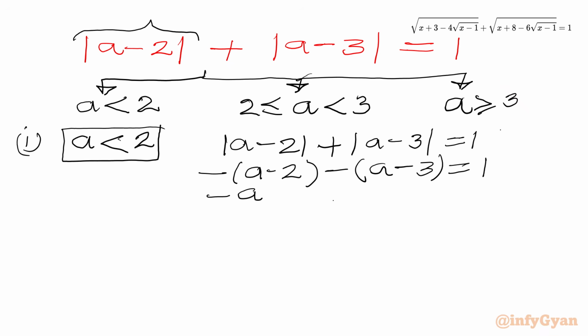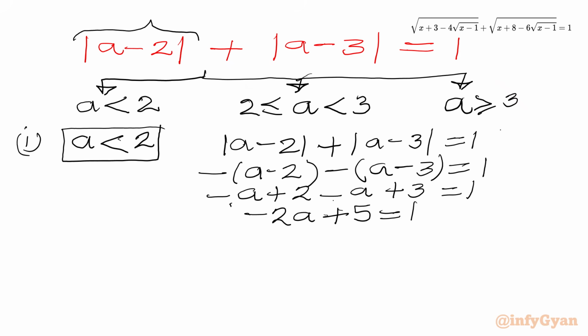Let's simplify: minus a plus 2 minus a plus 3 equal to 1. Minus 2a, 2 plus 3 is 5, equal to 1.